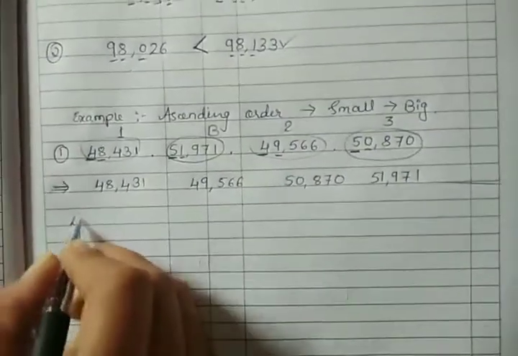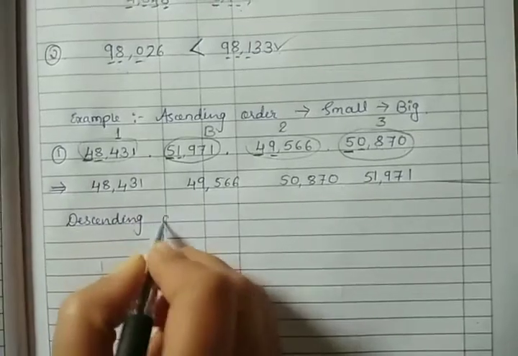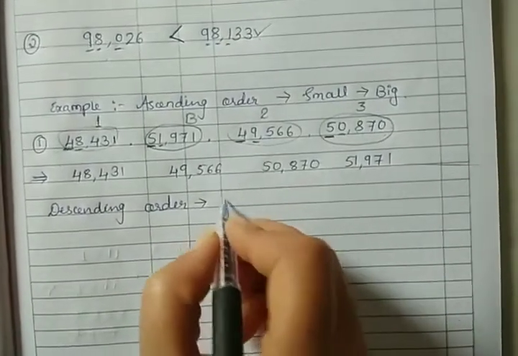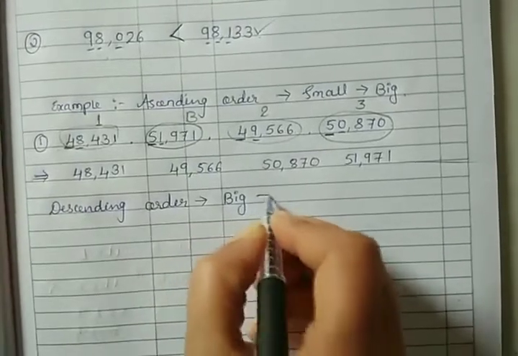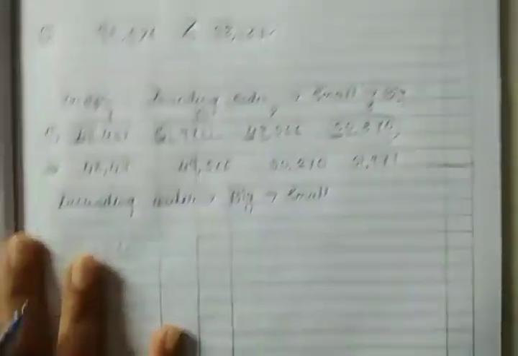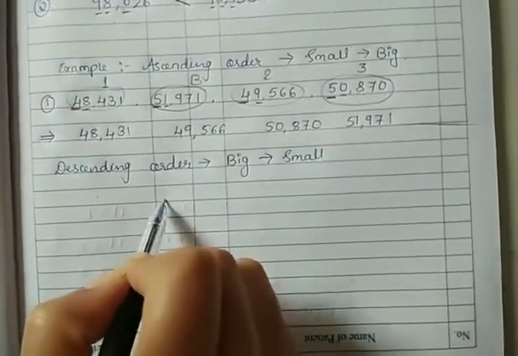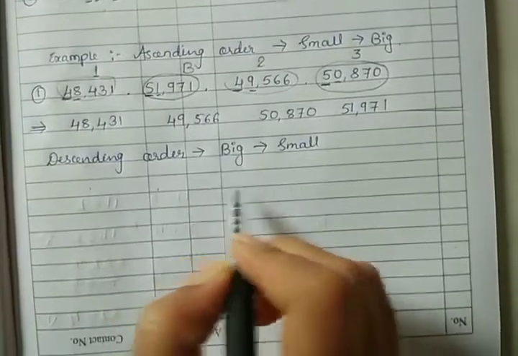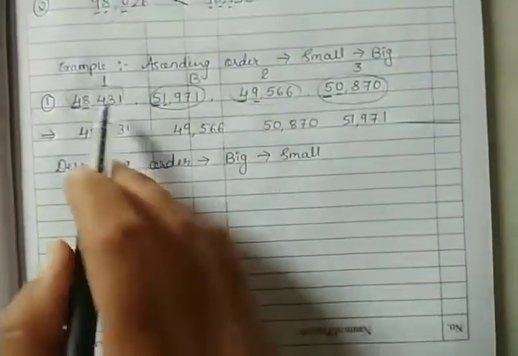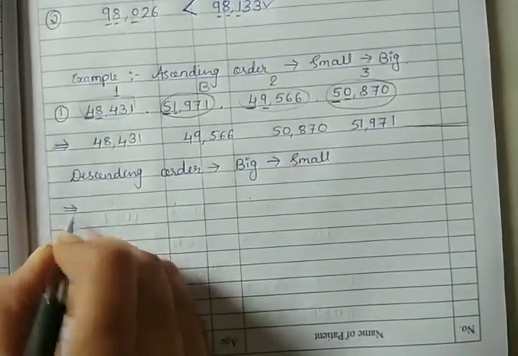Descending order means arranging numbers from big to small. Reverse of this. We have to write the greatest number first, then the second greatest, then the third greatest and the smallest number. Here in this example, which is greatest, children? Which number is greater?